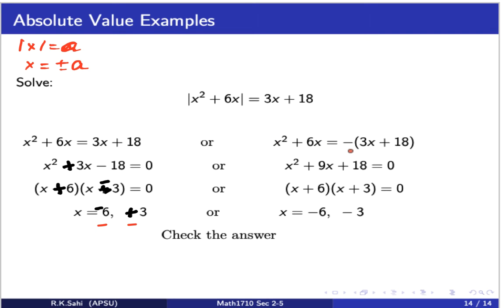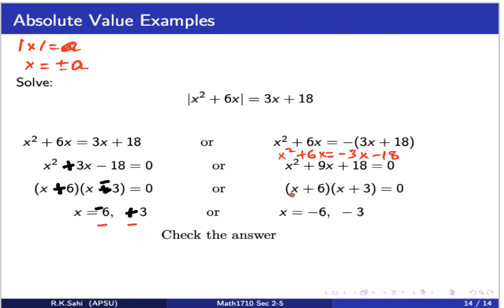Before we check the answers here, let's finish up the other part of this equal sign. x squared plus 6x is minus 3x plus 18. So let's distribute the negative inside. We get negative 3x, negative 18, and the left-hand side is x squared plus 6x. Now getting all the terms on the left-hand side of this equal sign, we get x squared plus 9x plus 18 equal to 0.